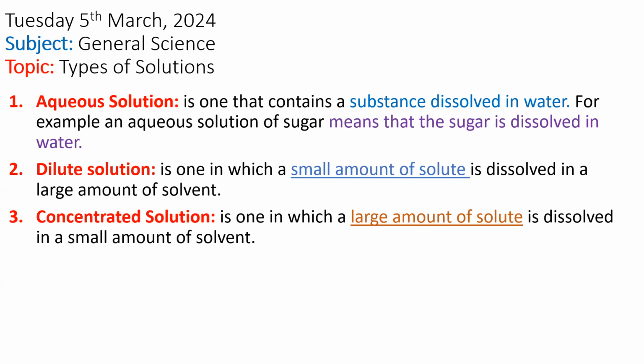Okay, so Mr. Kyle, one moment. Where's Kyle? Yes, sir. What's the name of a solution that has a small amount of solute? What do you call that type of solution?